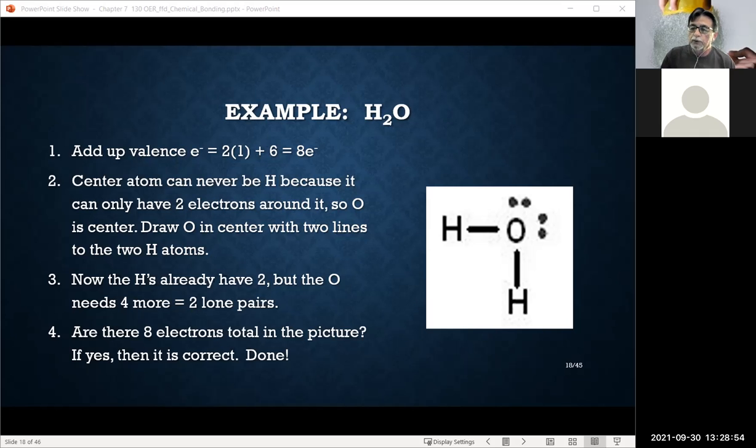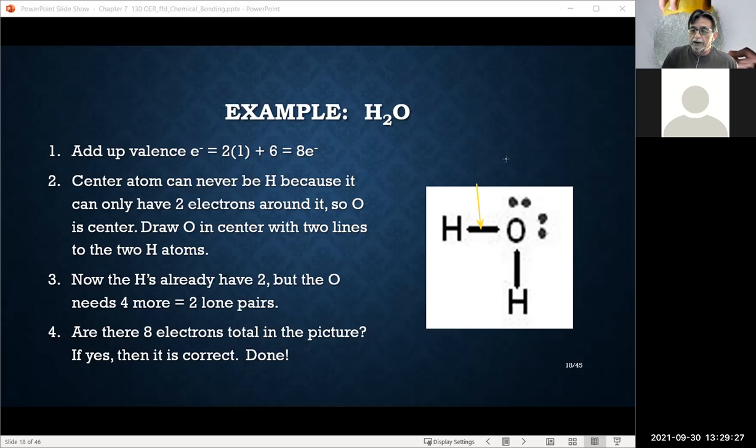I think what sometimes is challenging is this bond right here. Okay? That bond are 2 electrons, and those 2 electrons are being shared with the hydrogen and with the oxygen. We're not going to talk about equal sharing or unequal sharing, but right now we're going to just say they're being shared, and therefore can be counted both toward the hydrogen and toward the oxygen.